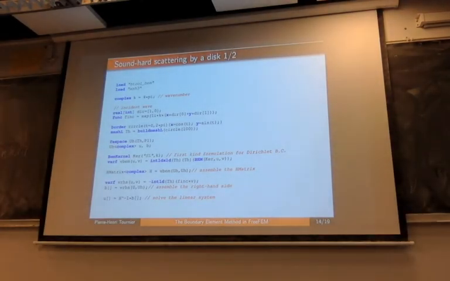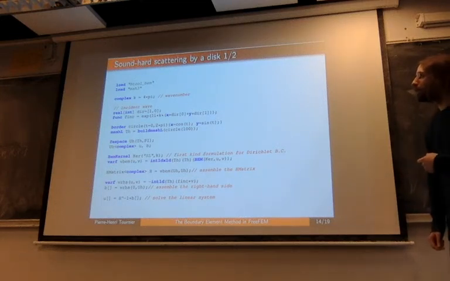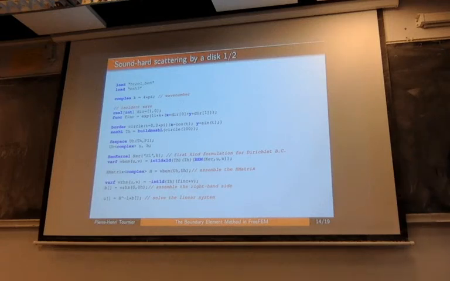Okay, I have just a complete example. I'll try to be quick. So you load the plugin. Once again, this is the direct Helmholtz equation, and this is Helmholtz scattering by a disk with Dirichlet boundary condition on the circle, right?